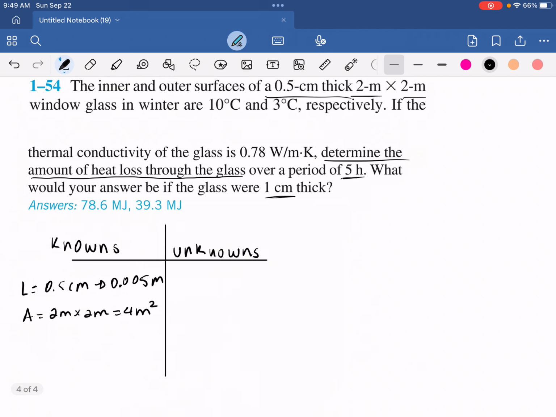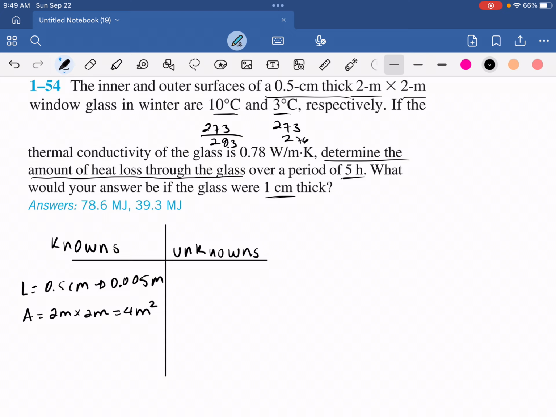Also, the window glass in winter are 10 degrees and 3 degrees respectively. Just like I said in the previous video, I'm going to change those into kelvins. We can do so by adding 273 to this one and 273 to this one, and then when you subtract them, you still get the same answer. You still get 7 degrees Celsius, right? I mean, you will get 283 and you get 276.